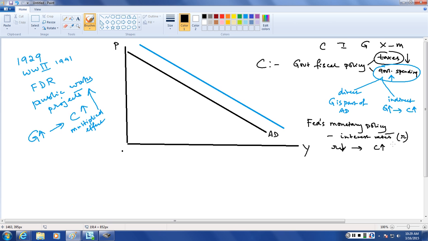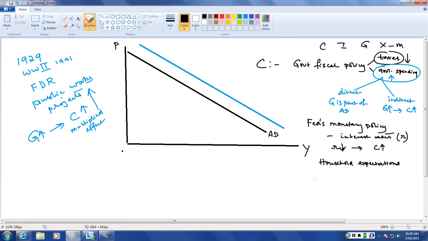The next factor that affects consumption spending is household expectations. Household expectations about the future. In other words, are households optimistic or pessimistic?